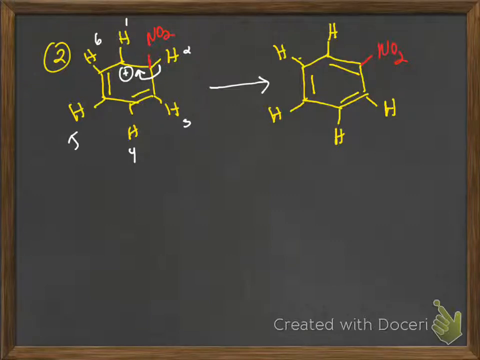And yes, there's a hydrogen somewhere in solution, but for this reaction specifically, we already have lots of acid in solution, so it's done. So this is a substitution reaction where again we remove the hydrogen and we put our nitro group on. So those are the steps in the electrophilic substitution reaction.